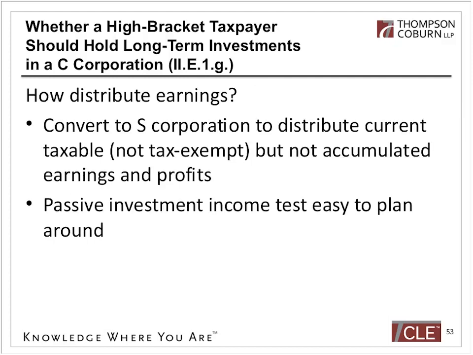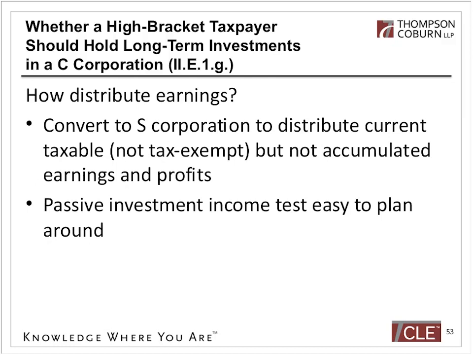You could, after a while, convert your C Corp to an S Corp and then distribute the current taxable earnings, but you wouldn't be able to distribute the accumulated earnings without paying a dividend tax. There's passive investment income that people need to worry about.